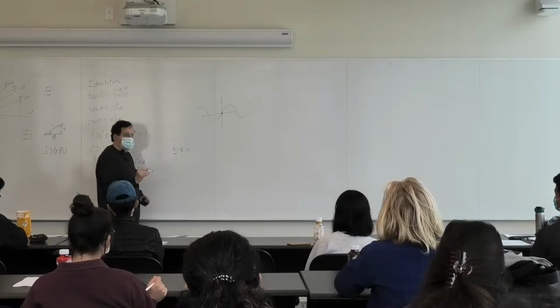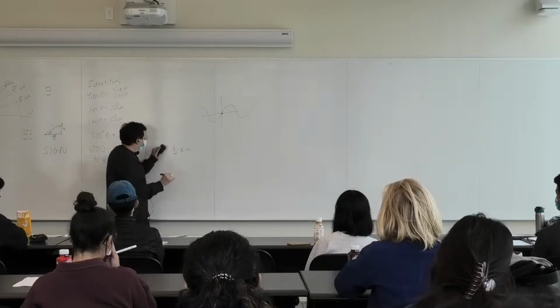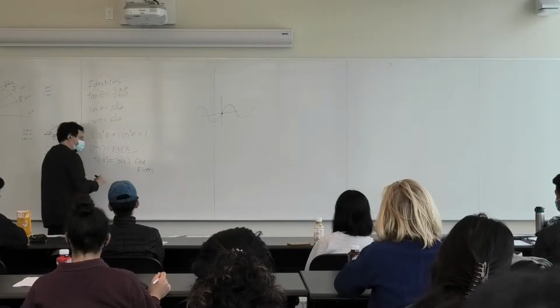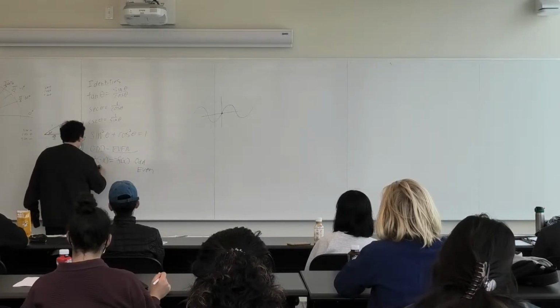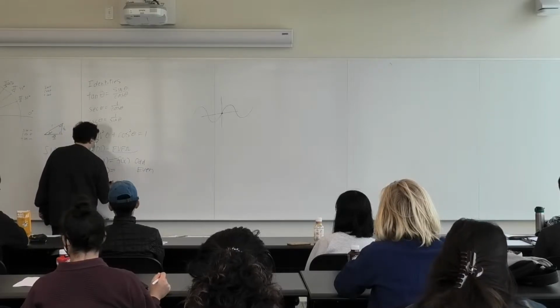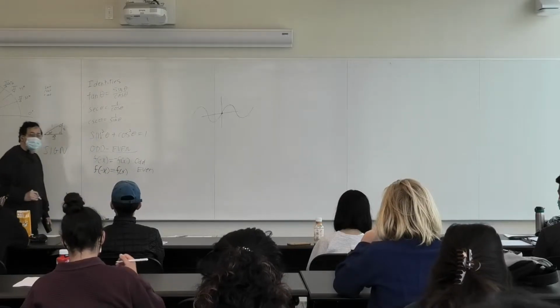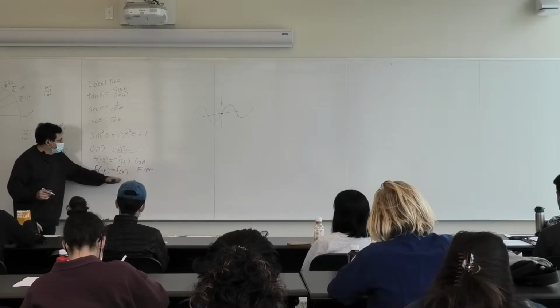No. F of negative x. So you're saying f of, and I'm hearing half. F of negative x, thank you, equals f of x. Yes, that's the definition. Any function that this is true of is even.